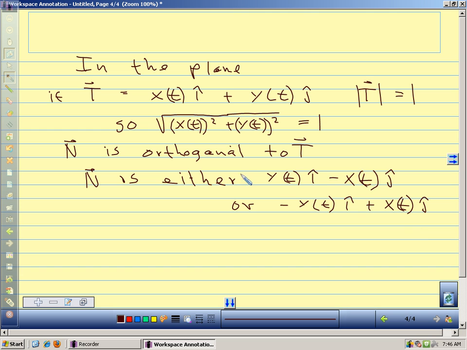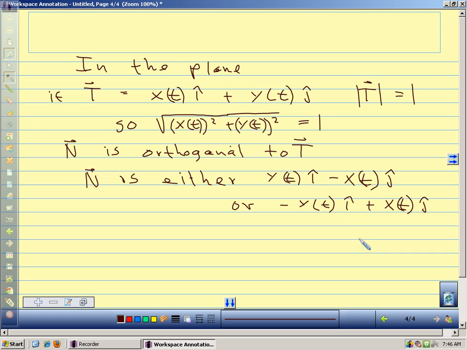So we can switch the y and the x and change the sign on one or the other. And we pick the one that points in the direction of the concave side of the curve. So in the plane, you have this little shortcut: just switch the x and the y and change the sign on one to get your unit normal vector.